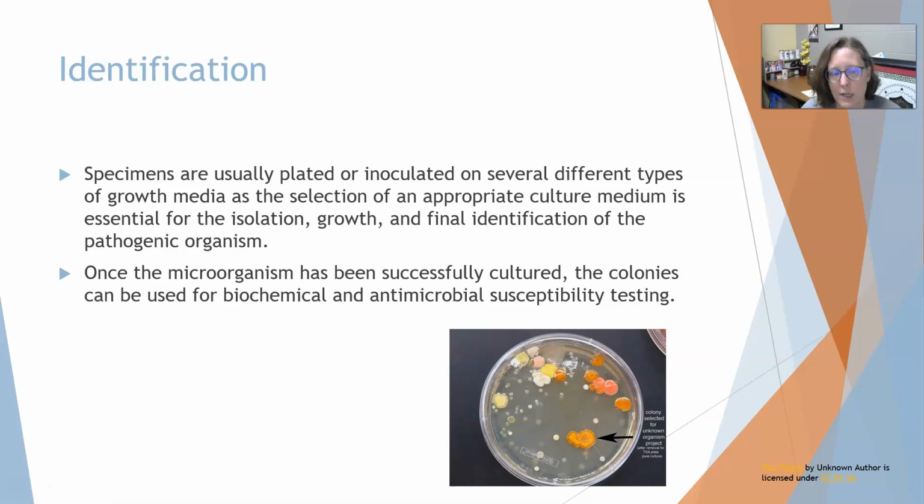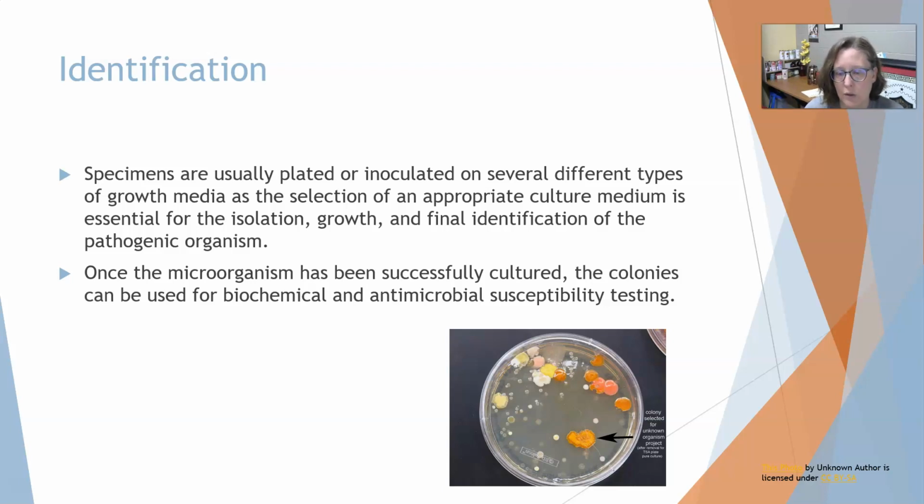Once that organism has been successfully cultured and you see colonies on the plate, those colonies can be used for biochemical and antimicrobial susceptibility testing. The process of plating it and getting growth can take up to 24 to 48 hours. If they're fast growing, you may see some colonies as soon as within 12 hours.